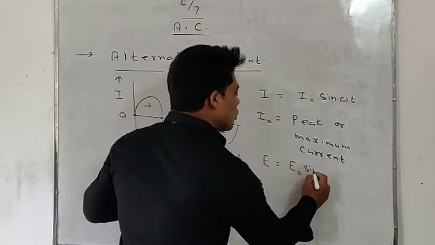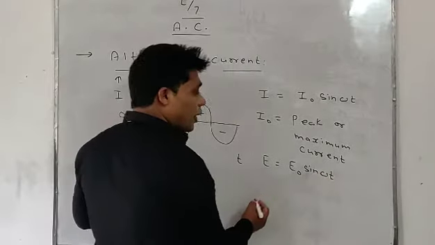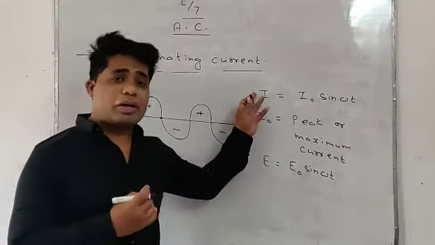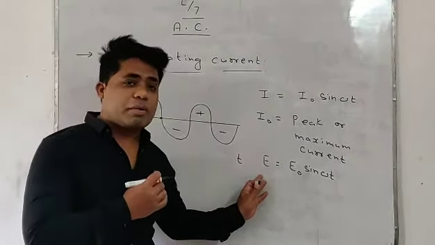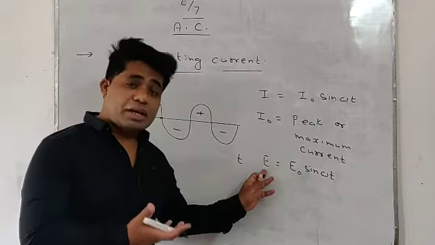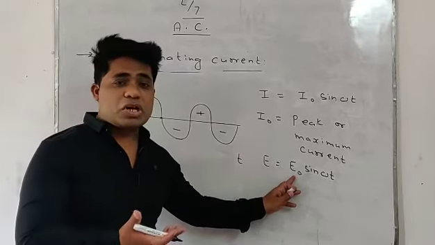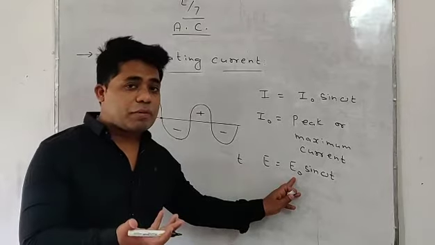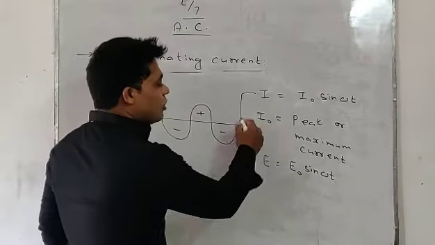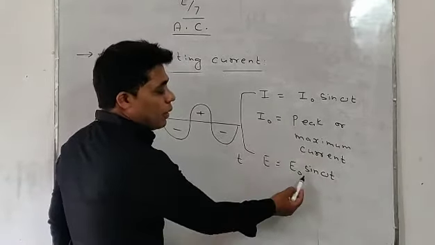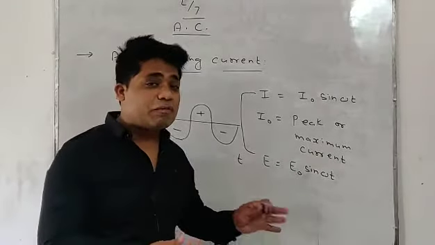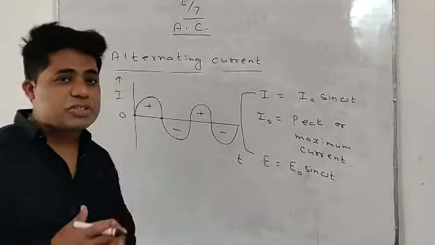E equals E naught sine omega t. That is the value of alternating EMF, where E is the alternating EMF and E naught is said to be the peak or maximum EMF. Later on, we will derive these formulas for alternating current and alternating voltage in the topic AC generator.